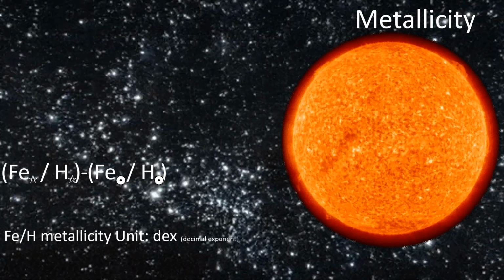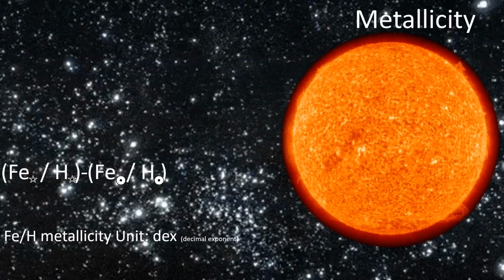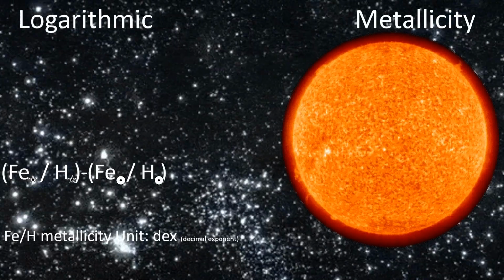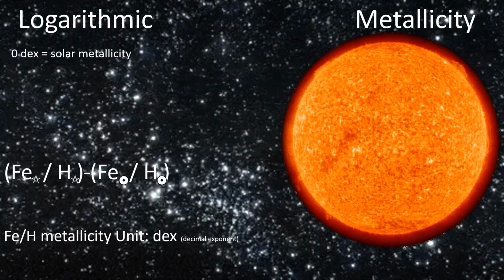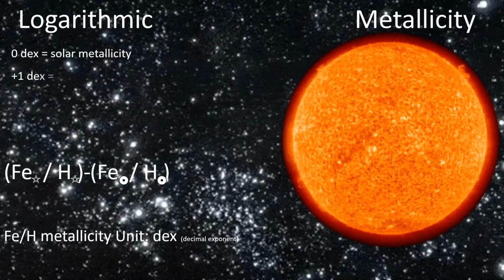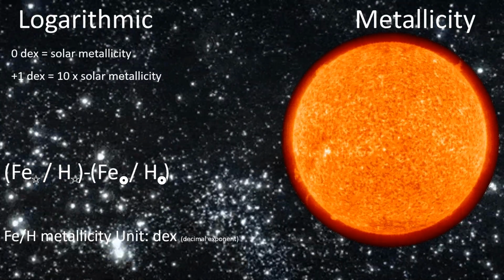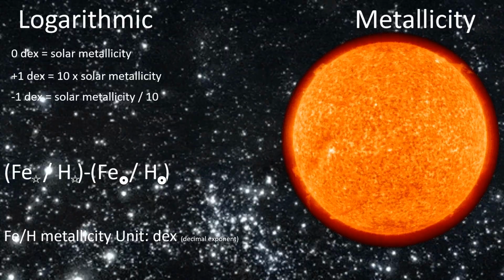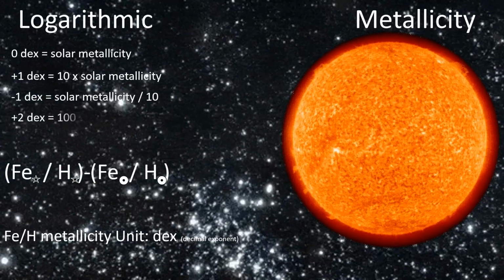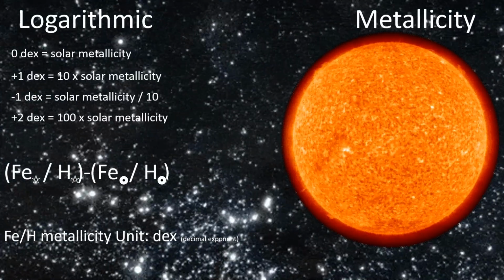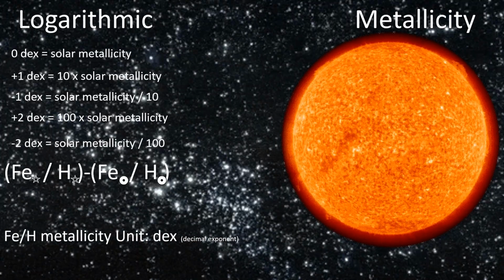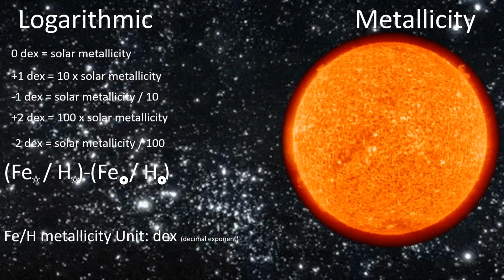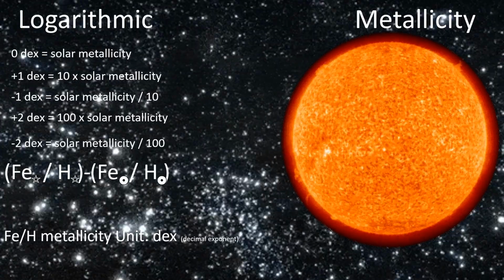Iron over hydrogen metallicity is measured on a scale known as DEX, which is logarithmic, meaning that if a star's metallicity is 0 DEX, it has the same metallicity as the Sun. If a star's metallicity is positive 1 DEX, it has 10 times the metallicity of the Sun. If a star's metallicity is negative 1 DEX, it has 10 times less metallicity than the Sun, and so on.